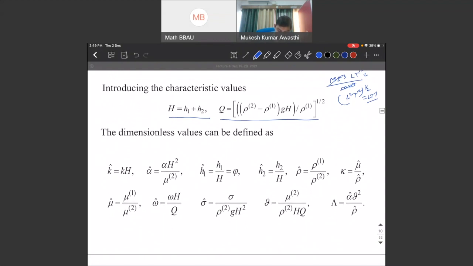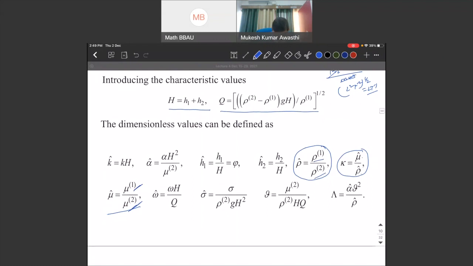We have taken other dimensionless variables like this one. This rho cap is the ratio between the density of the lower fluid to the density of the upper fluid, and the viscosity ratio is also taken as the viscosity of the lower fluid and viscosity of the upper fluid. This kappa is the ratio of viscosity ratio to the density ratio.